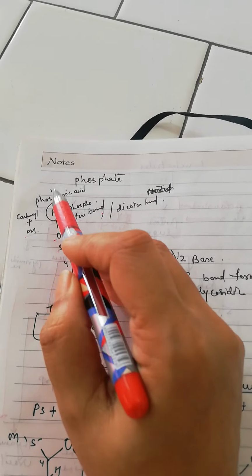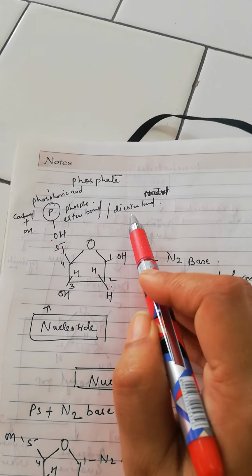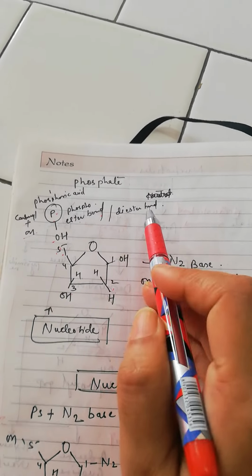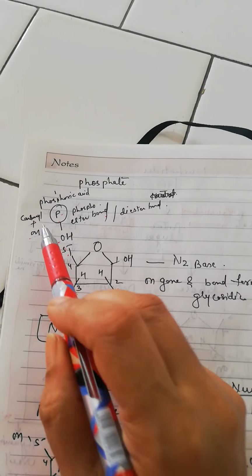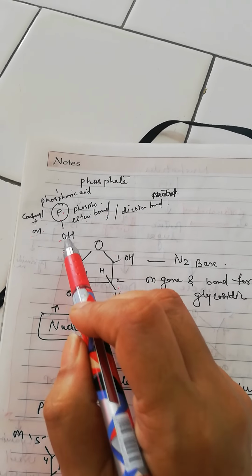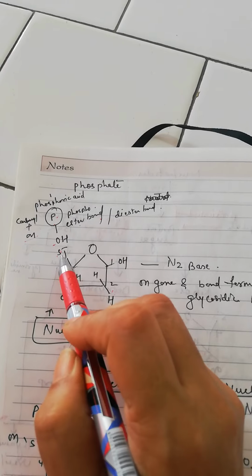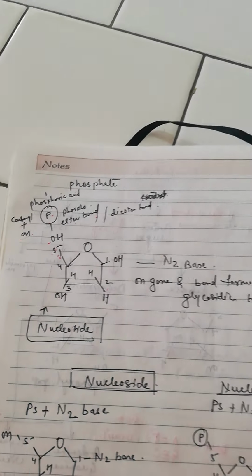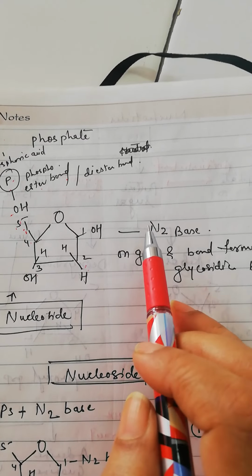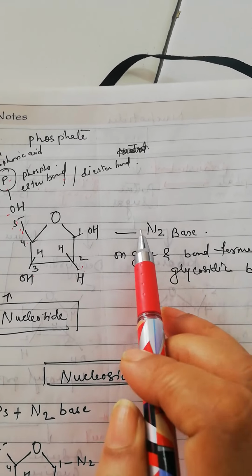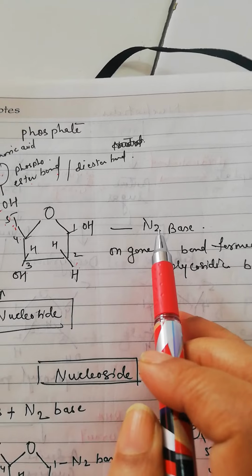So when two bonds are present, we call it a diester bond. Otherwise it is known as a phosphoester bond, because this phosphate is attached with the hydroxyl group of the carbon, that is, the fifth carbon. And with the first position of the OH, a nitrogenous base is attached, whatever it may be: adenine, guanine, thymine, cytosine.